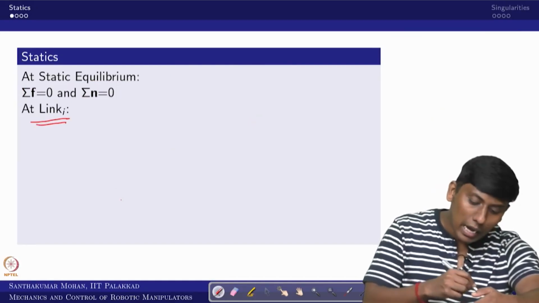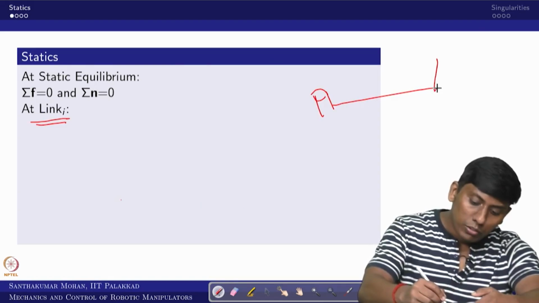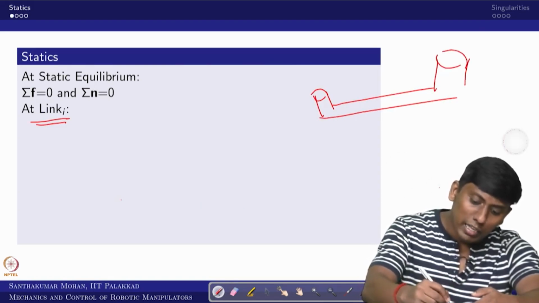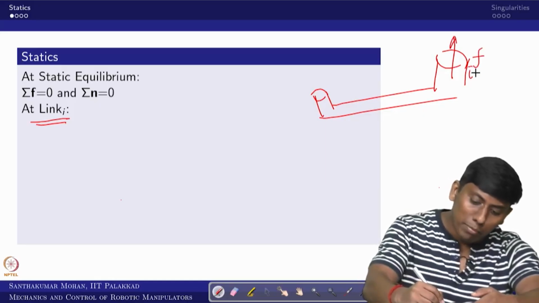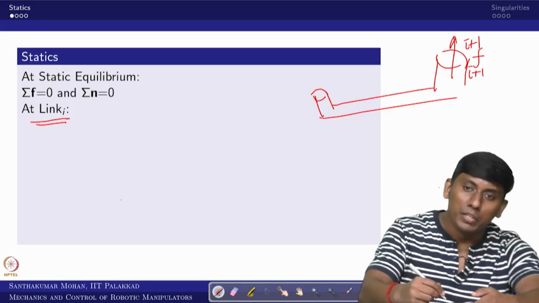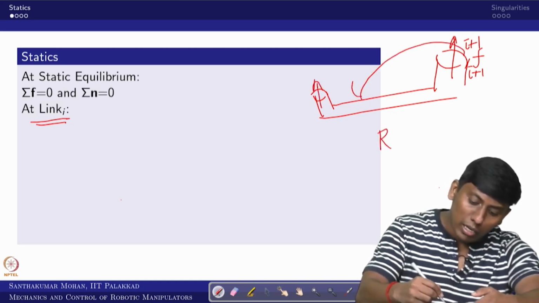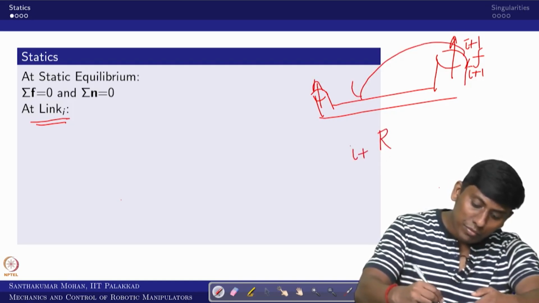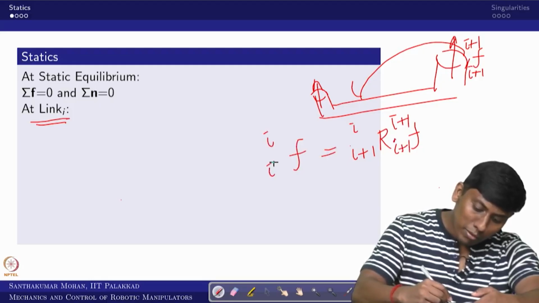If you take link i in the last picture I was showing, you can see that there is one force acting. This force is in the i plus 1 frame. If I want to convert it here, I multiply it with respect to this, which gives f i to i plus 1.